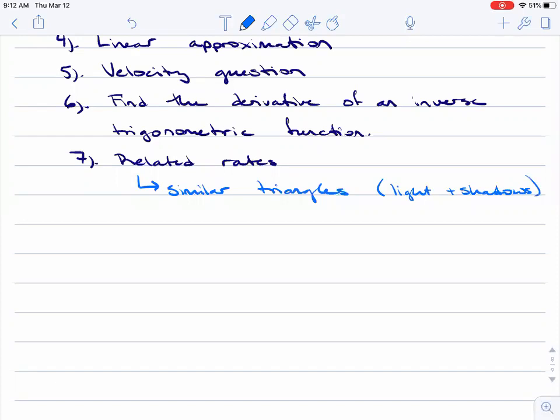So what I did was, of course, I Googled related rates with similar triangles, and could not find a single one that was a shadow one or a cone one or something like that.